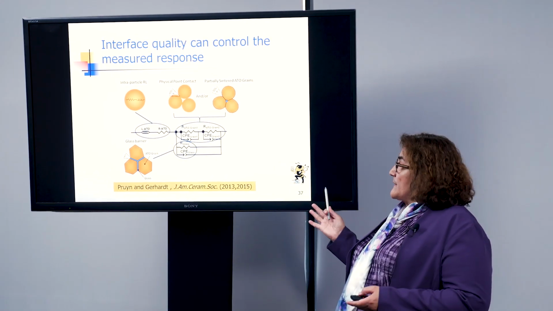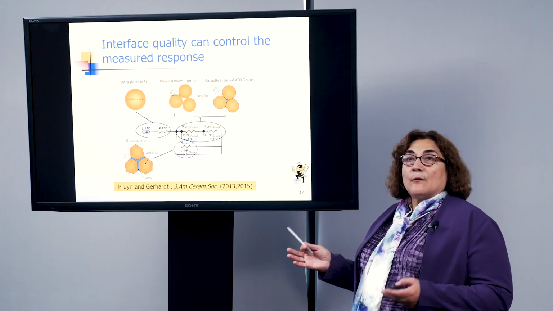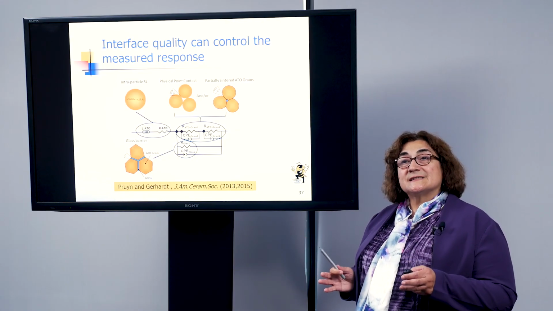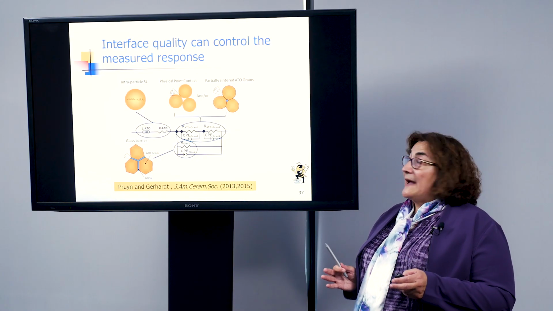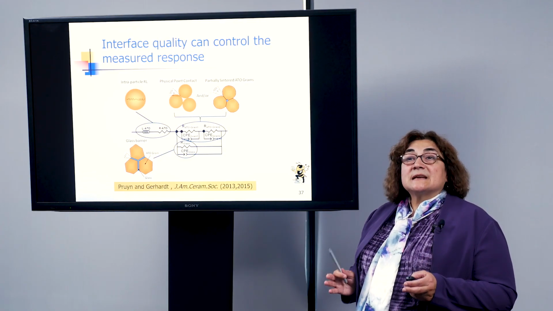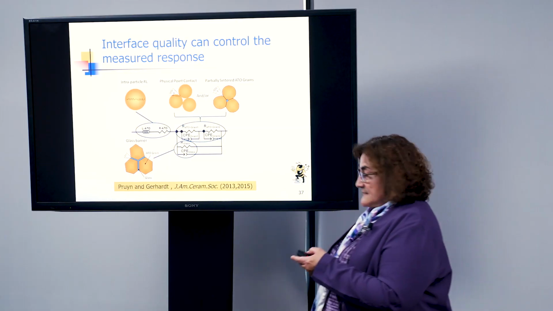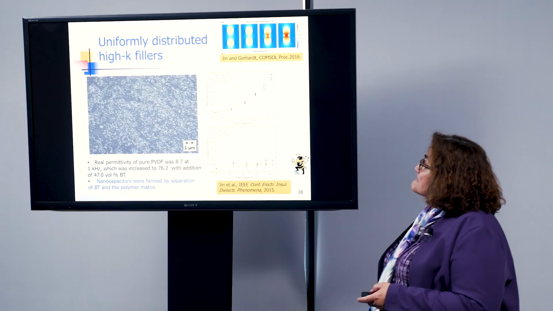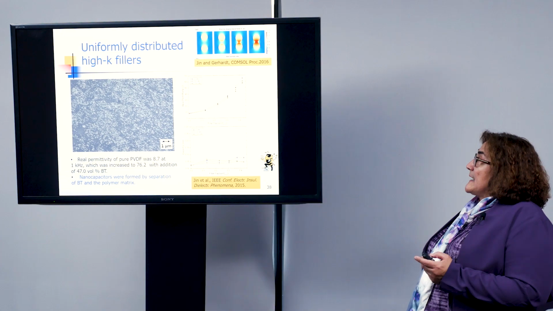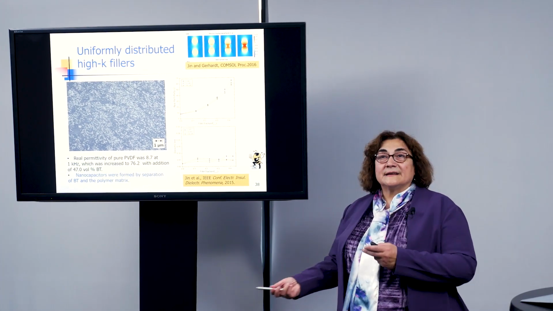This is just to summarize the point that when you have a heterogeneous system, it is possible to have many, many different types of interfaces, and we have an explanation for this in the papers listed. The final example that I'm going to give you is the opposite.